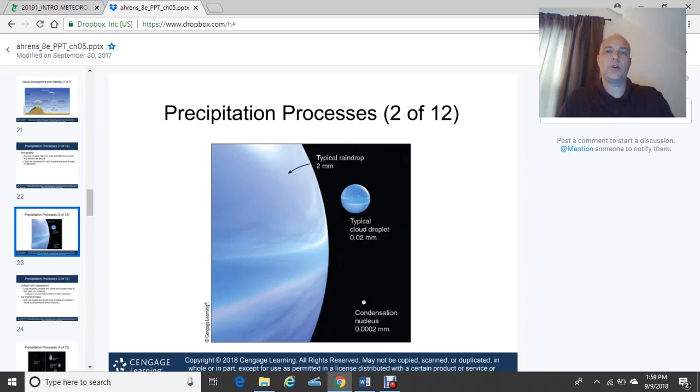So the typical raindrop has a diameter of about 2 millimeters. The typical cloud droplet has a diameter of about 0.02 millimeters. And condensation nuclei, 0.0002 millimeters. So the condensation nuclei are very small, yet they're so very important.